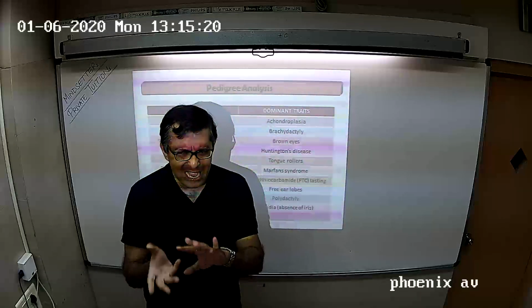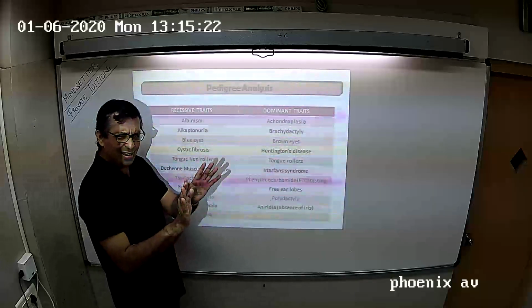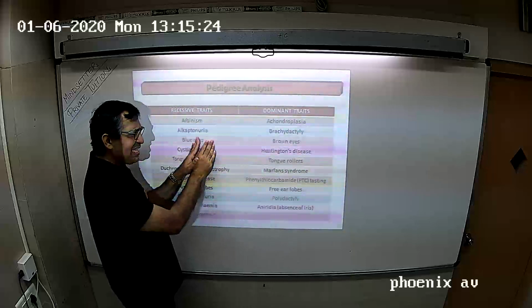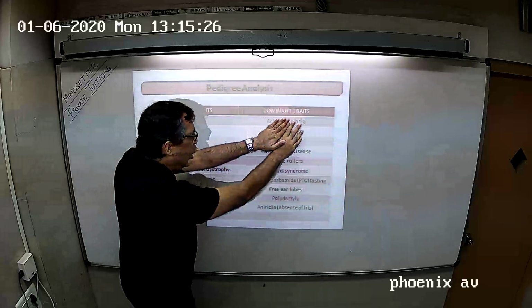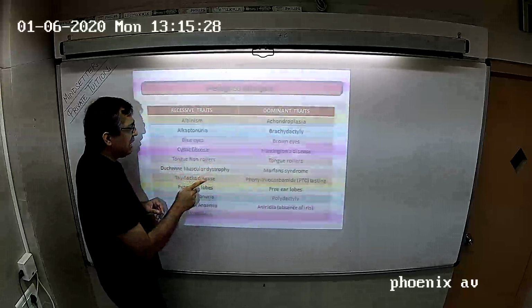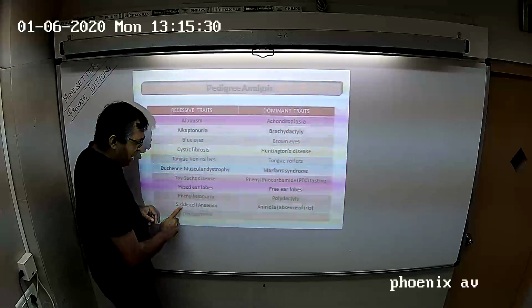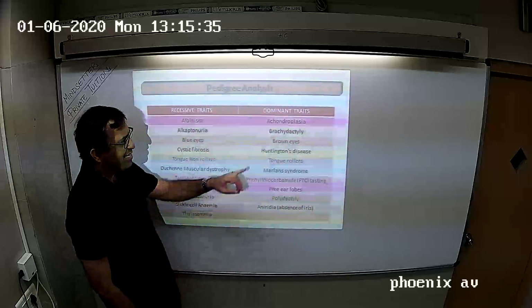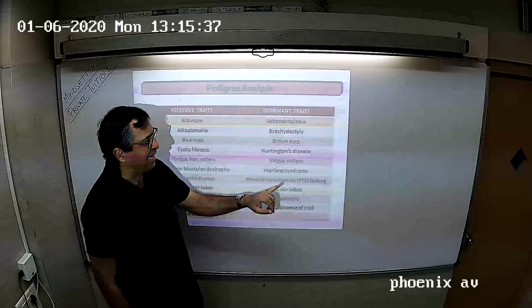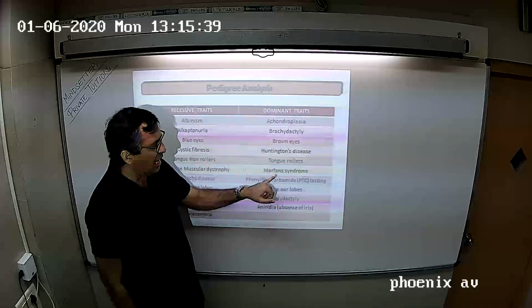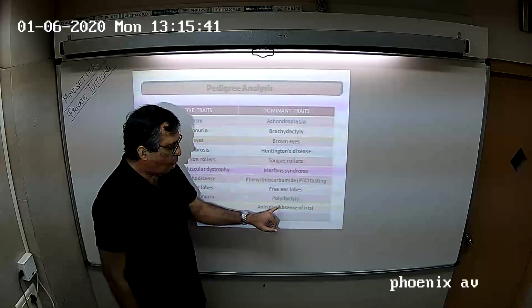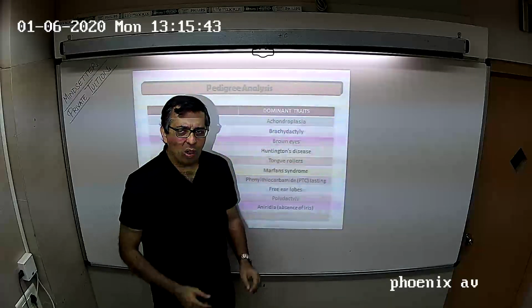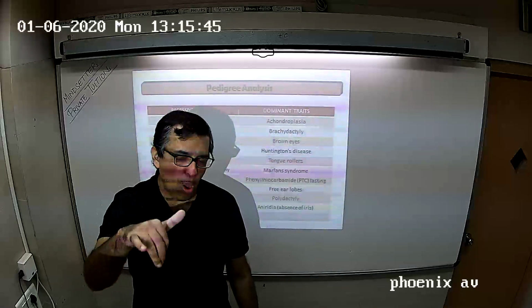So sir, ये याद रखना है, at the moment इतना याद रखना है हमें, you have recessive traits and you have dominant traits, albinism and phenylketonuria, sickle-cell anemia, thalassemia are autosomal recessive traits, and autosomal dominant traits are brachydactyly or Huntington's disease or polydactyly. All these are autosomal dominant traits.